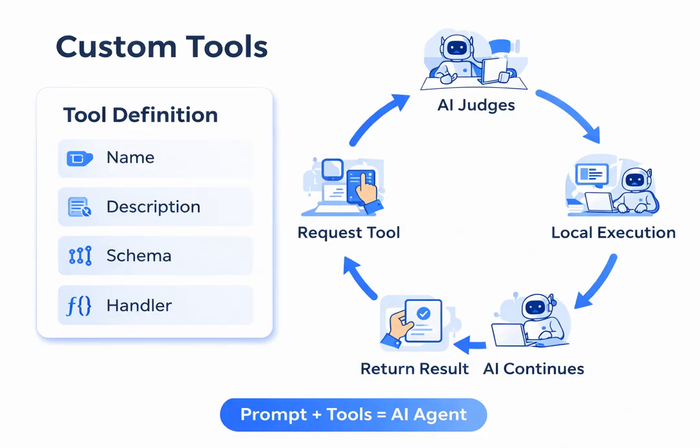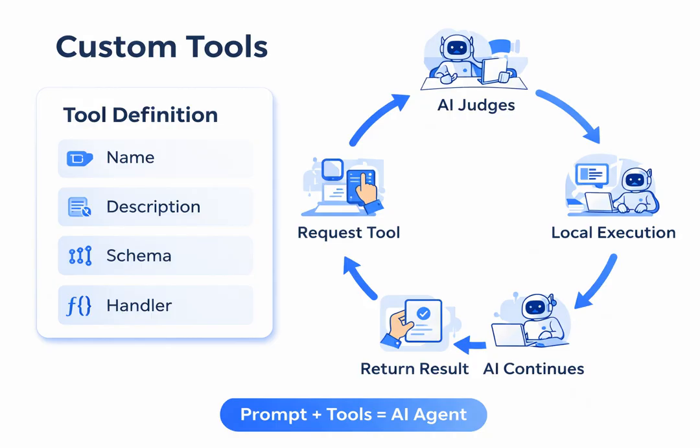Custom tools are one of the SDK's most powerful capabilities. The core concept is, you simply define local functions, and the AI will automatically call them when needed. Tool definitions consist of 4 elements: name, description, parameter schema, and handler function. Schemas can be automatically generated using Zod for TypeScript or Pydantic for Python, which is very convenient.